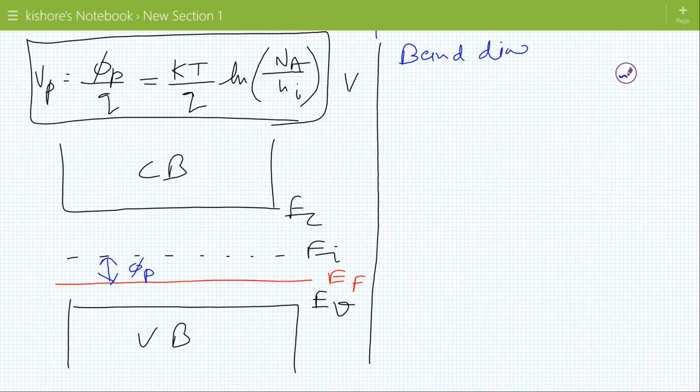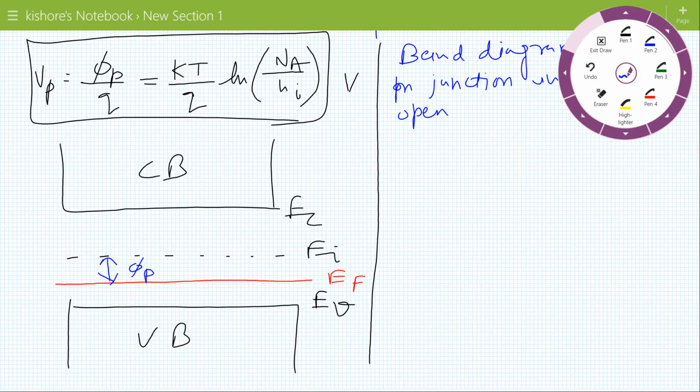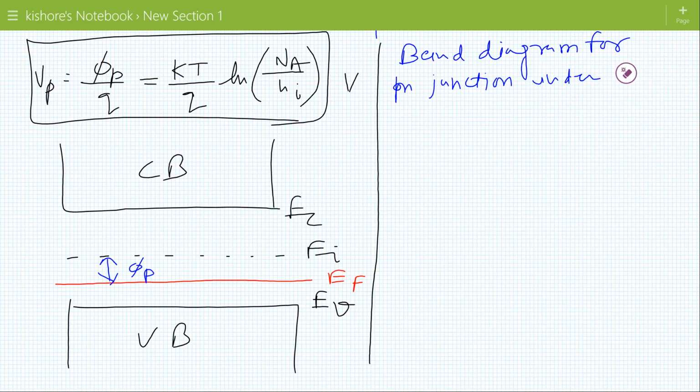Band diagram for PN junction under zero bias.